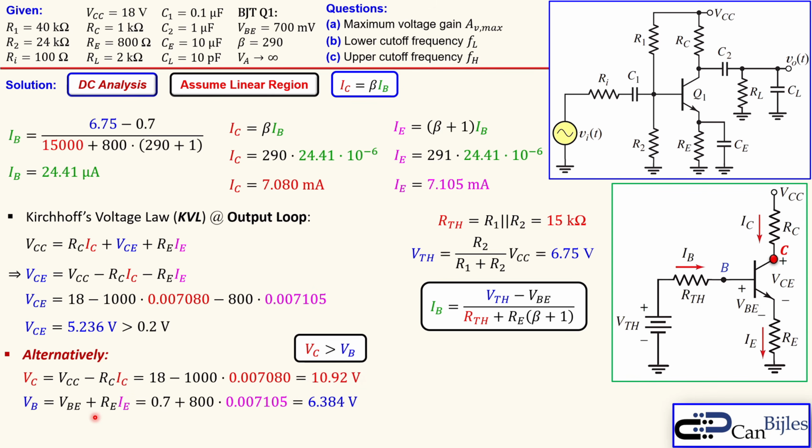And VB is in this case already calculated using the VBE, which is the 0.7 volts, plus the voltage across the RE. That is then 6.384 volts. And you see actually VC is indeed larger than the VB, much larger in this case, so we can assume that the linear region of operation is indeed valid. So the BJT is behaving as a linear operator. That is also what we can use for this collector current. So that's all valid, so our assumption is correct.